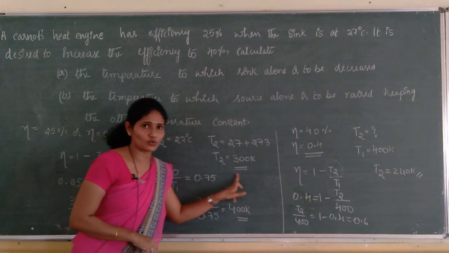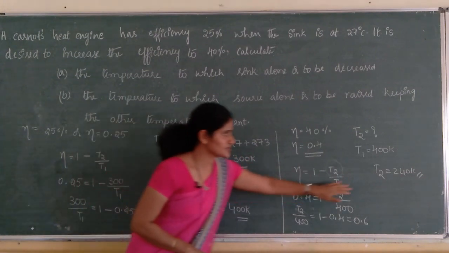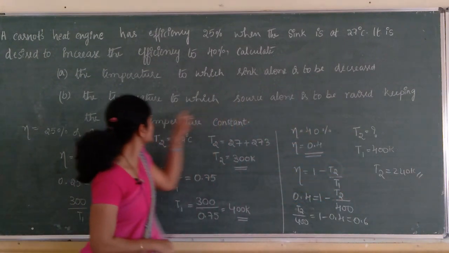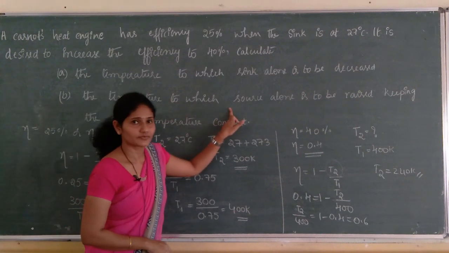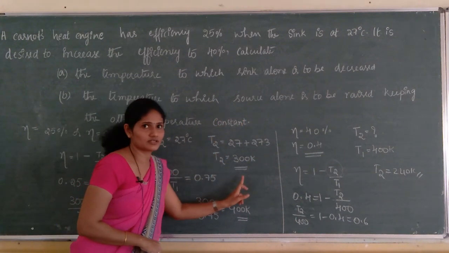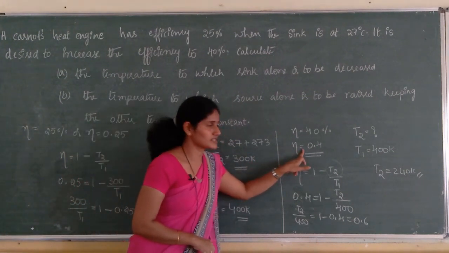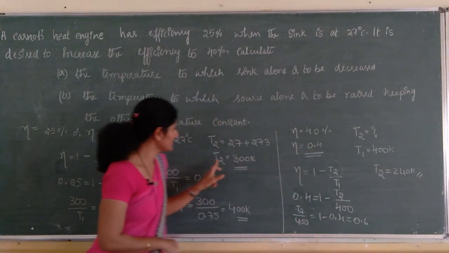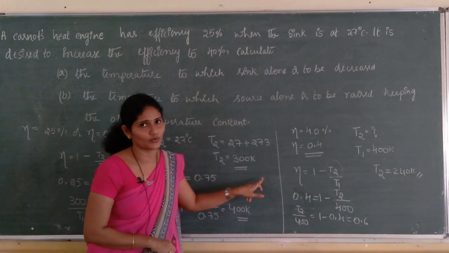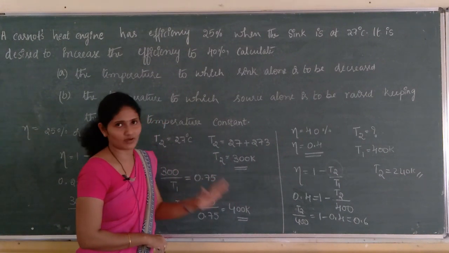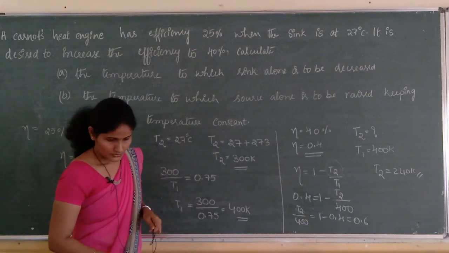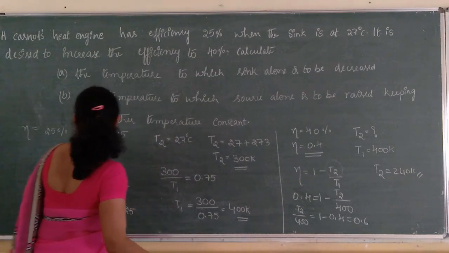T2 is constant now, T2 is 300 Kelvin. This is not the value of T2 for this part. Okay, T2 is constant 300 Kelvin. For eta equal to 0.4 and T2 equal to 300 Kelvin, what is the value of T1? So, how to calculate the value of T1?